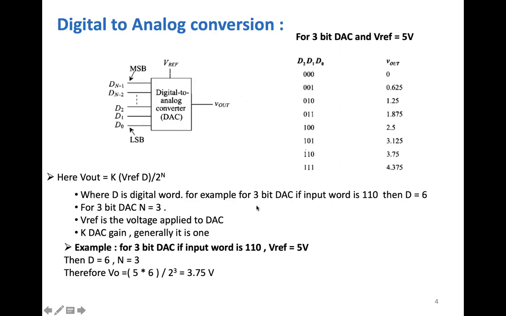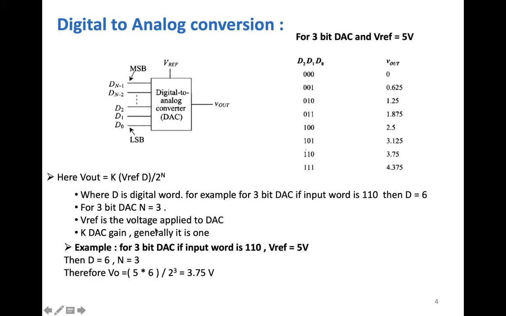For example, let us take a 3-bit DAC, and if the input word is 110, then D is 6, 4 plus 2. So D is equal to 6.